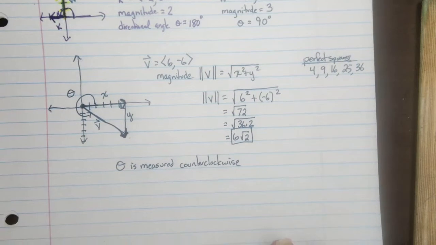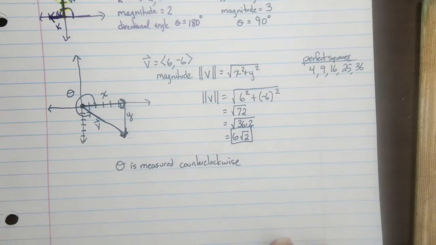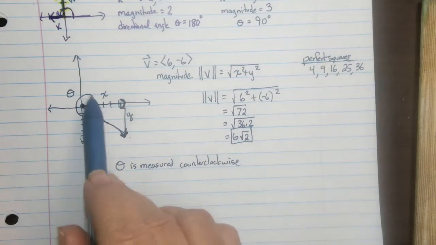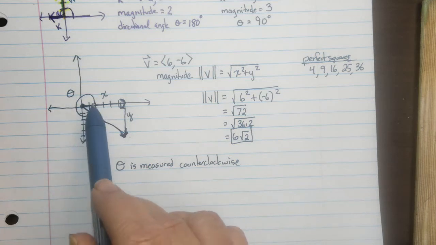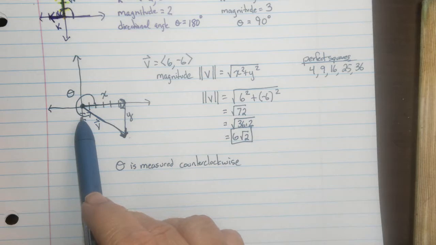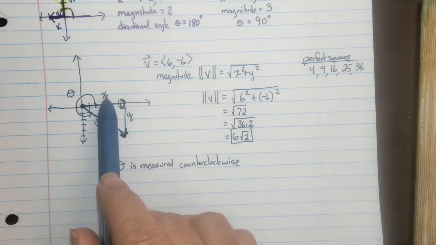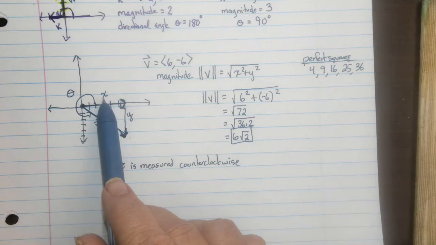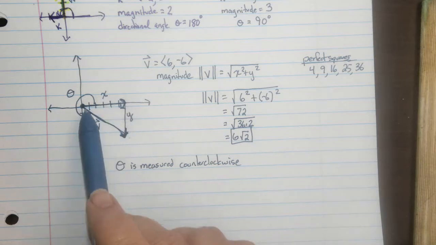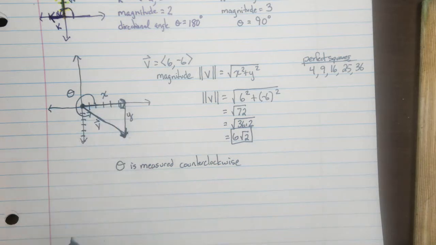Well, here is where some trigonometry comes in. Because if I want to know this measurement of theta, I've got to operate from something I do know. So I know that tangent is sine over cosine, and sine is y, and cosine is x.